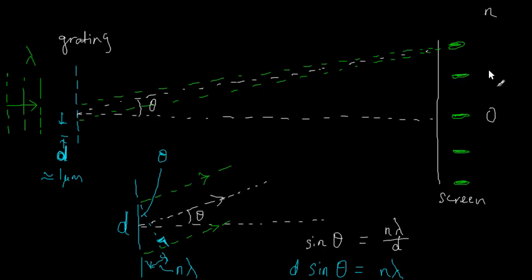So n should be 1 for the first fringe, and if we move up further, the path difference will continue to increase, and when we reach 2 wavelengths path difference, we would see the next fringe. So that would be n is equal to 2. Now the other direction is symmetrical, so for this slit n is also 1, for that one n is 2. So that's how we can determine n, depending on which fringe we want to look at.